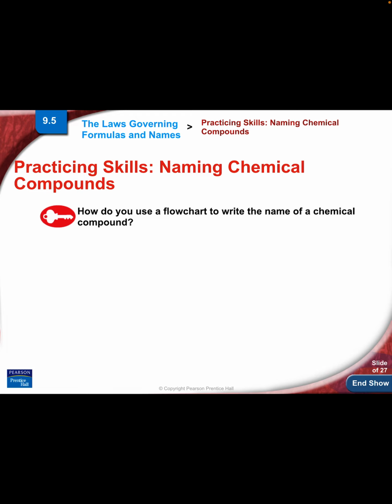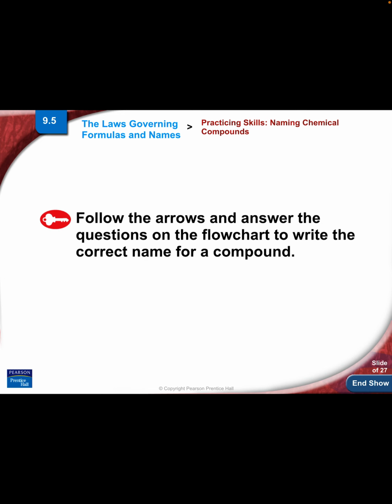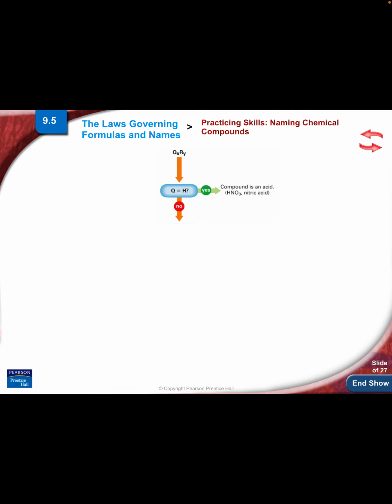And so if you want to write the name, you just look at this flowchart and you ask certain questions. So this is a compound QR, and we don't know how many of each are there, but it doesn't really matter. But if Q is an H, well, now it's an acid. If my cation is an H plus, it is an acid.